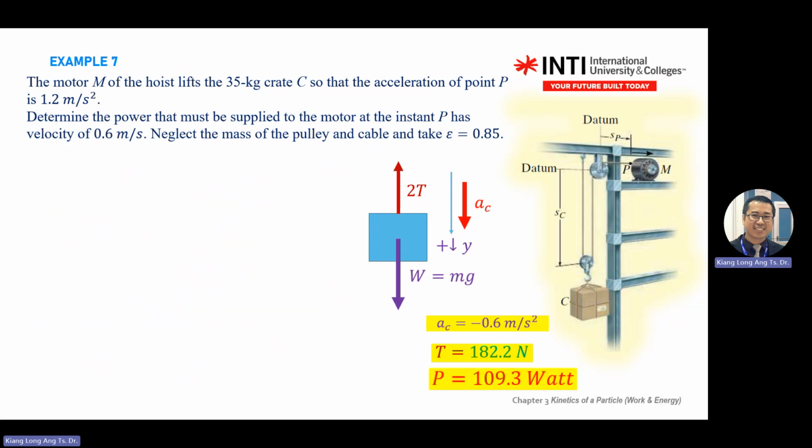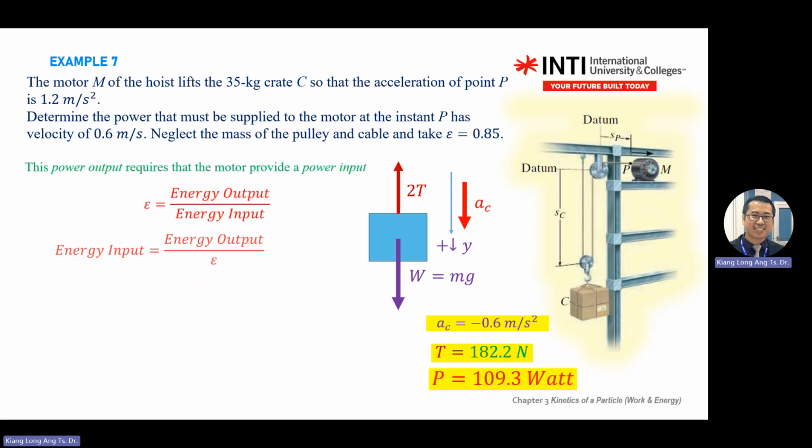So you invert the equation. You get 129 watt. You need to tell the supplier, you need to give me a 129 watt motor based on the efficiency of 85%.